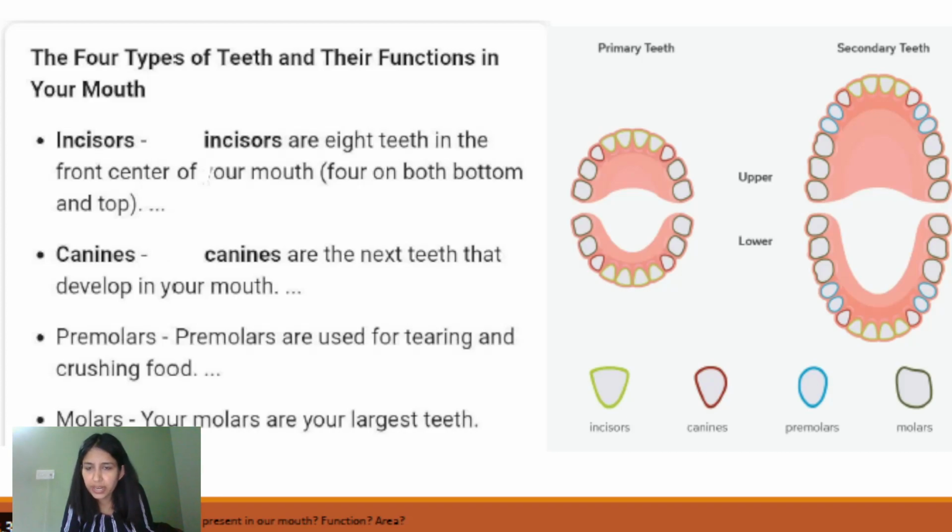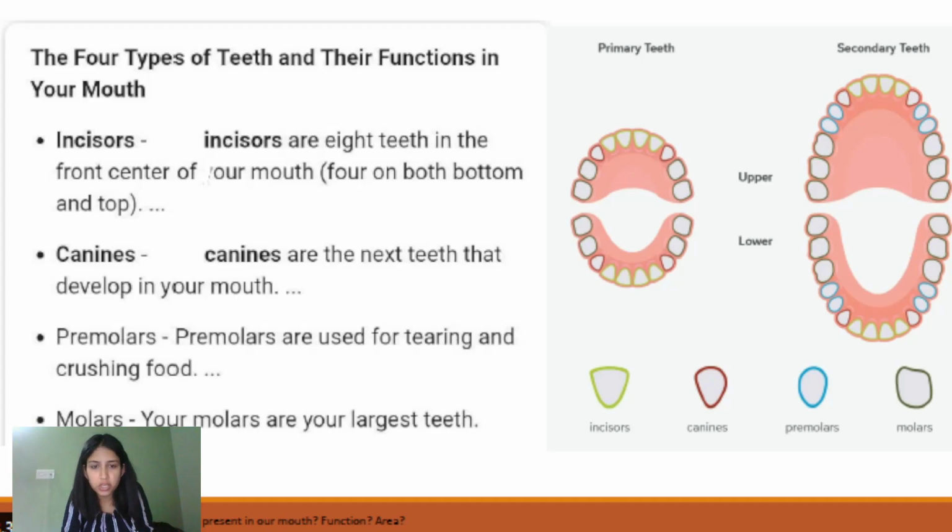There are also 8 in number, because 2 pairs in the lower jaw and 2 pairs in the upper jaw. So premolars are used for tearing and crushing food. We can say for tearing and crushing food, we are using premolars and molars basically. And molars are your largest teeth. So how many of them are there? 6 on the upper jaw and 6 on the lower jaw. So there are 12 in number.